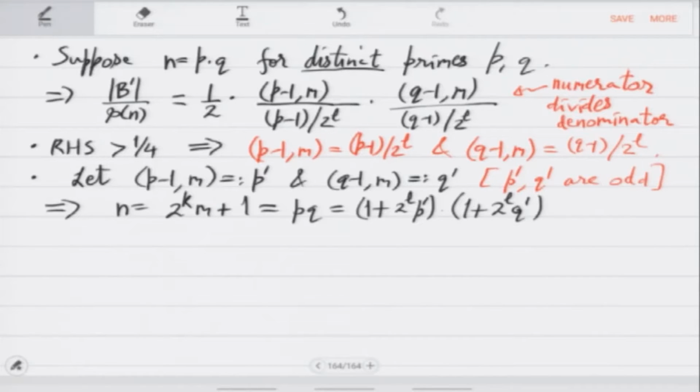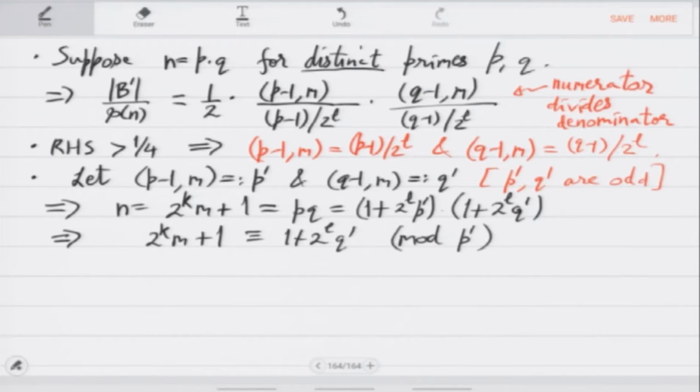So this means that 2 raised to k m plus 1 is 1 plus 2 raised to L q prime mod p prime.